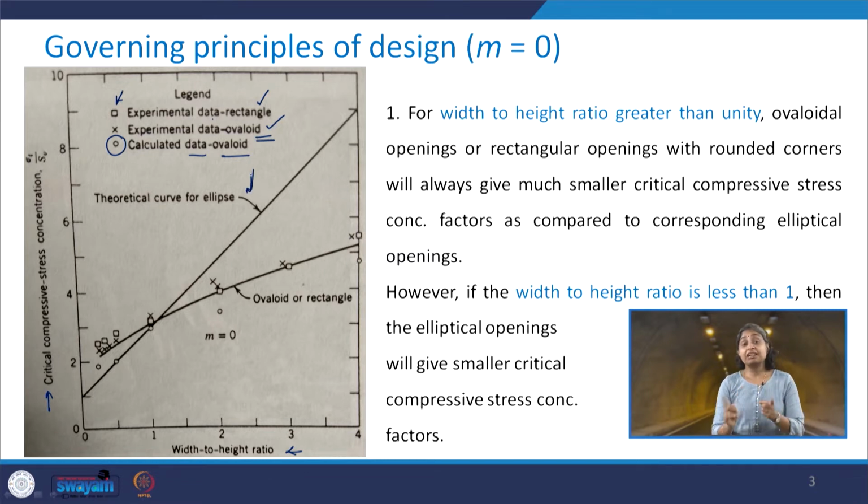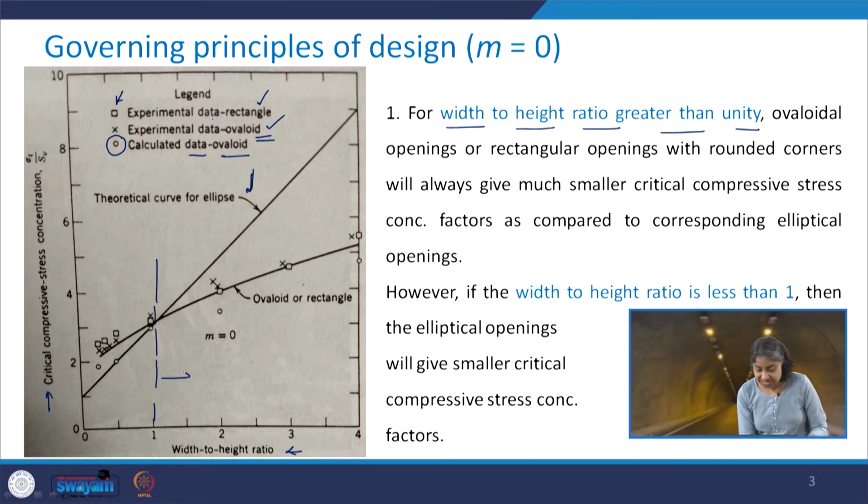This theoretical curve I am getting from the values which were there in the table in the previous slide. So, what is the governing principle that we can deduce from here? That when you have width to height ratio greater than unity, this means this.